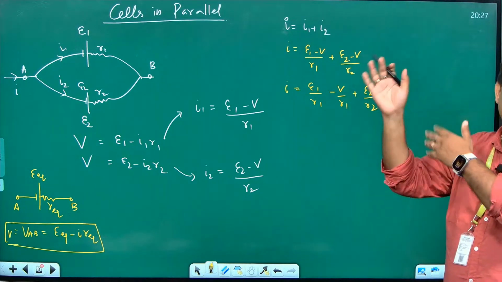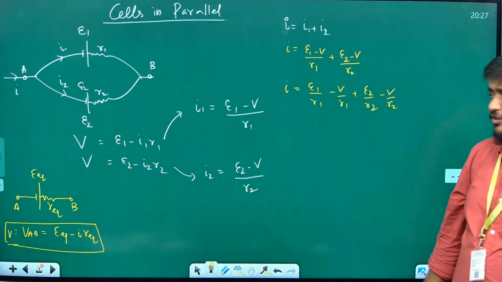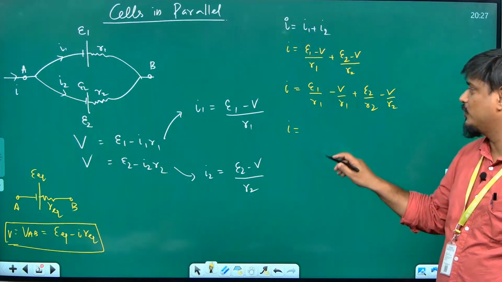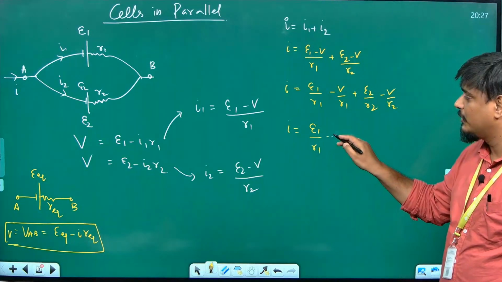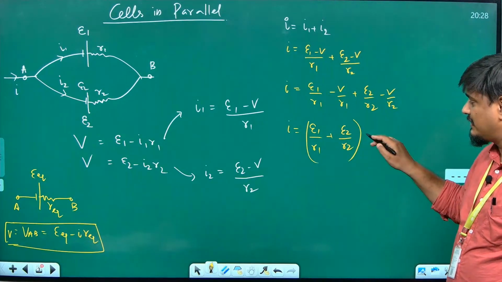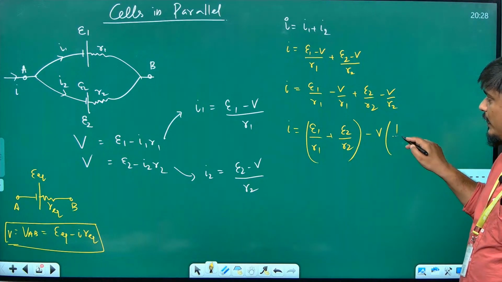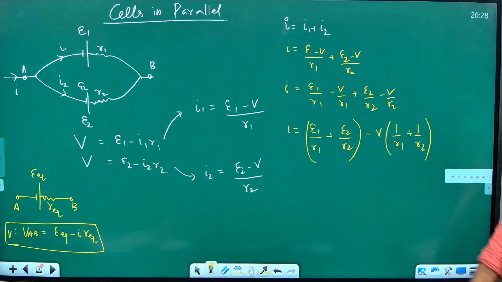I have taken the denominator separate for both the terms. So, I will become equal to, I will write these two together, E1 by R1 plus E2 by R2 minus V into 1 by R1 plus 1 by R2. Do you agree with me?